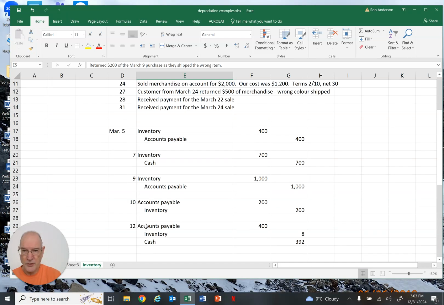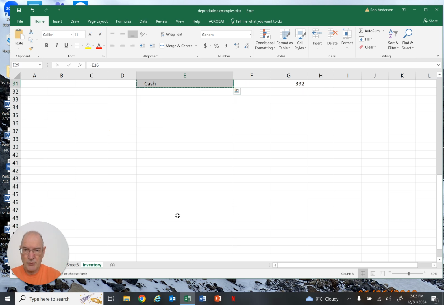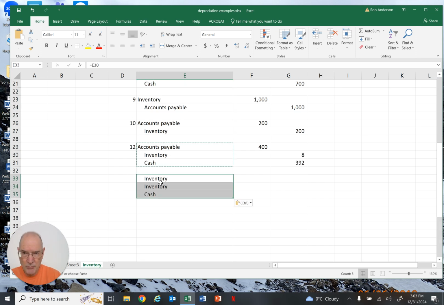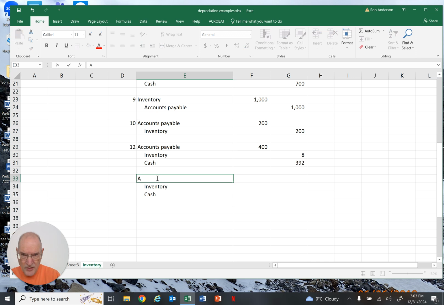So we're going to use the same account titles to pay, because we're paying within the discount period. And there's the 19th. Okay, so keep in mind, you don't want to forget if there was a return.